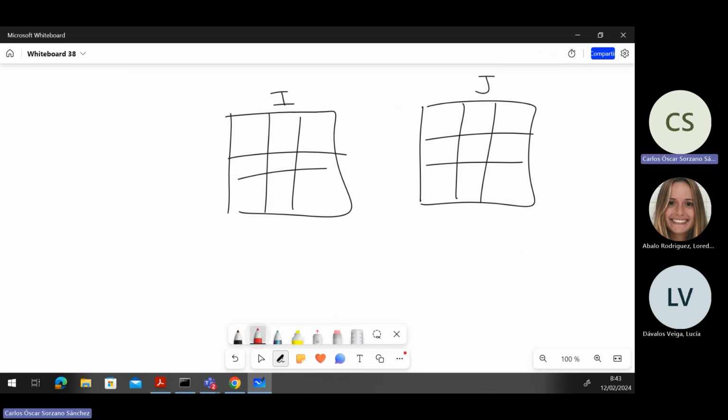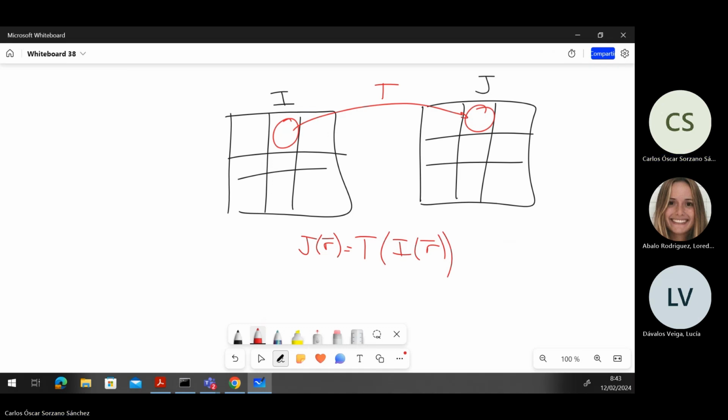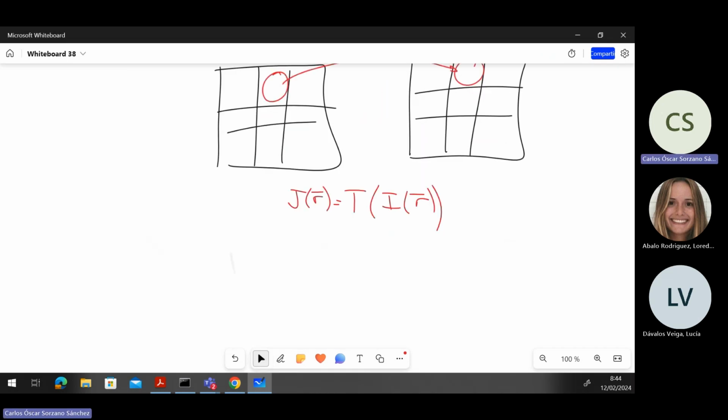And the kind of operations we are studying now are those for which one pixel is transformed into another pixel. So J at R is a transformation of the quality at the same location. And the one that we will see today, this one.